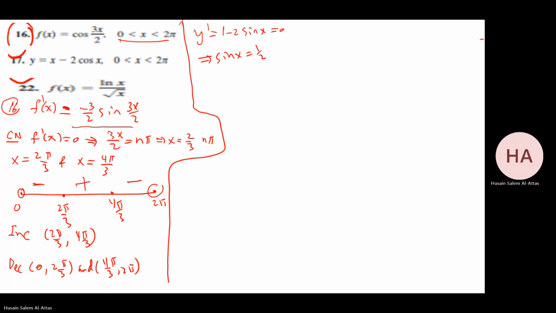When sine x equal half, I have x equal what? Half is pi over 6, 30 degrees, which is the first and the second quadrant.